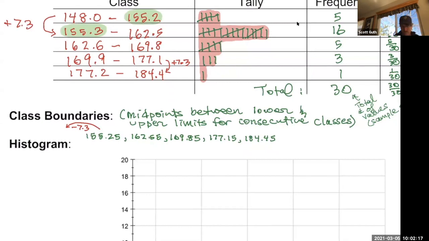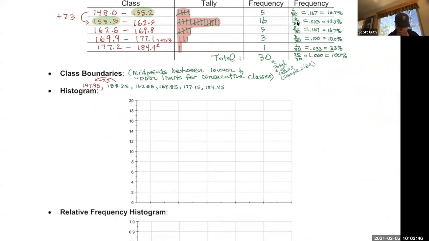So if you take the 155.25 and subtract 7.3, it's 147.95. These are all 7.3 apart. So the first one is 147.95. Okay. And then those become the markers on the histogram.